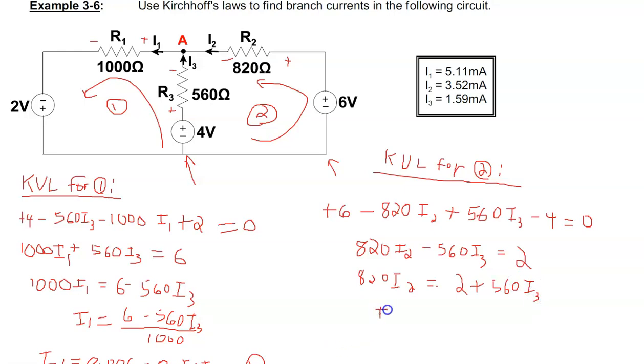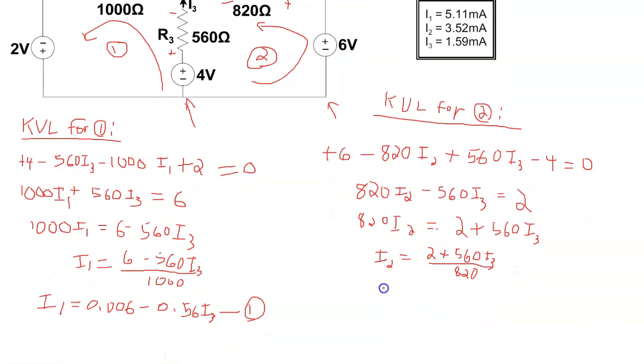So I2 is equal to 2 plus 560 times I3, divided by 820. And so that means that I2 is equal to 2 divided by 820.